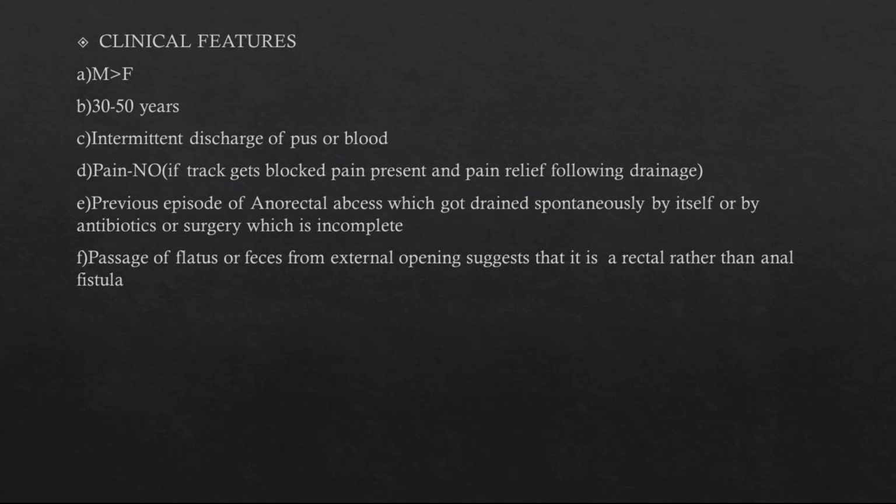If a correct surgeon performs incision and drainage for a perianal abscess correctly, as I have said previously, by giving a cruciate incision and deroofing of flaps, then the chance of getting a fistula in ano in the future is very less, that is 5 to 10%.